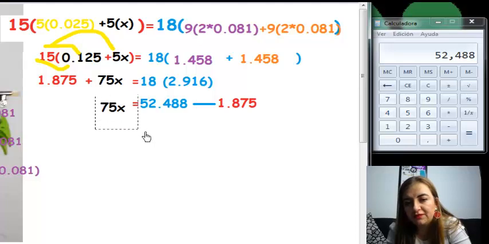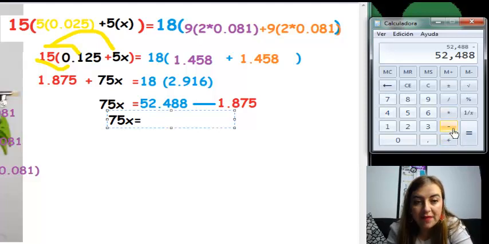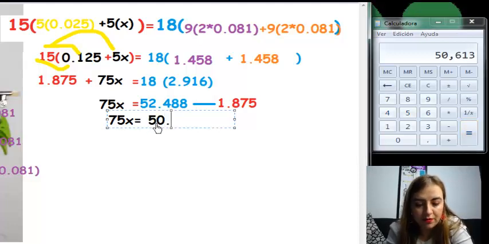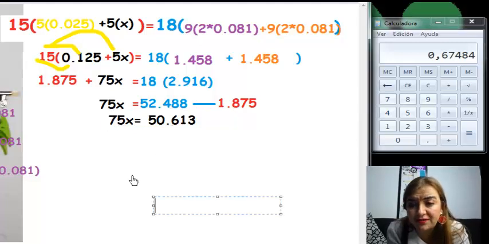So to leave the x alone, you can do the subtraction on the left side. So you will have 75x equals 52.428 minus 1.875. So it's going to be 50.613. Alright. So I need to take out the 75.